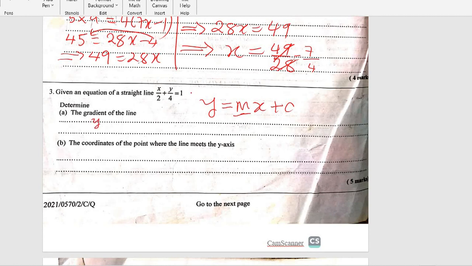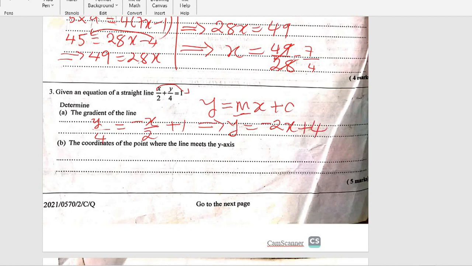So from here, if you are making y the subject, we have y over 4 is equal to negative x over 2 plus 1, as this term comes this way. Now to make y the subject, the inverse of dividing by 4 is multiplying by 4. When you multiply through by 4, that's negative 4x over 2, which is negative 2x plus 4.